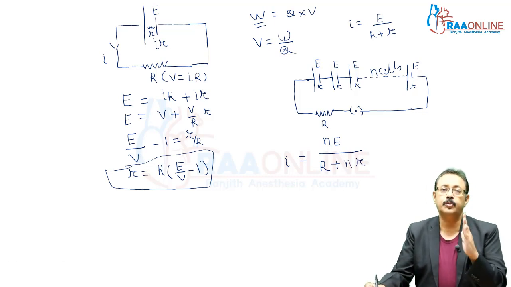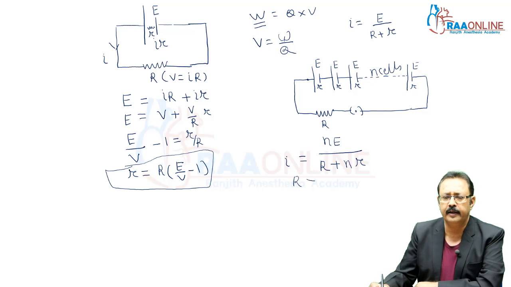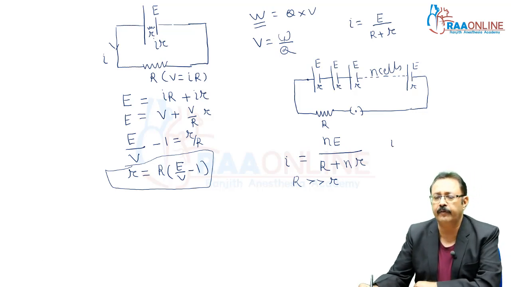Now two cases arise. If the external resistance is very much greater than the internal resistance, we can ignore the internal resistance. So the current by one cell should be E upon R.